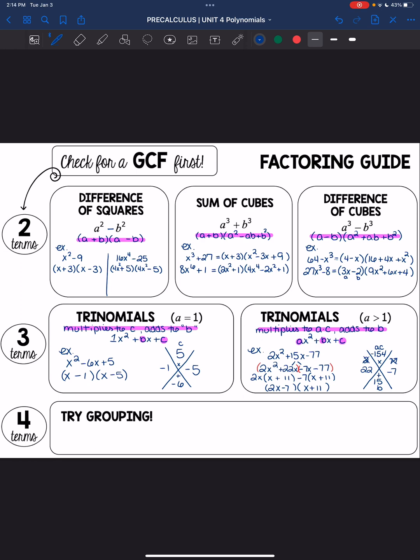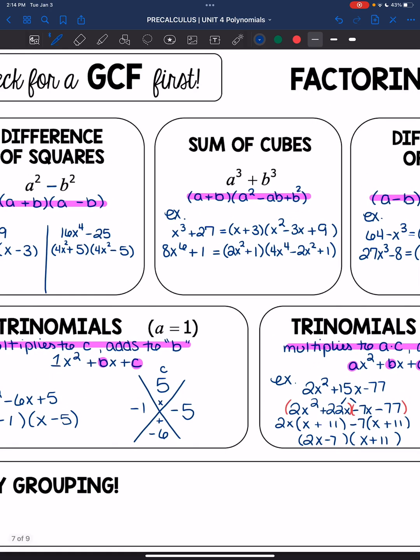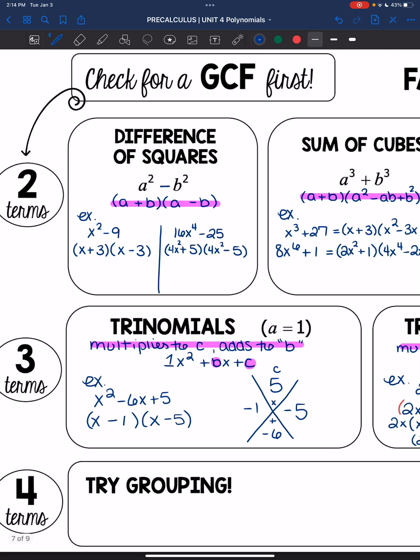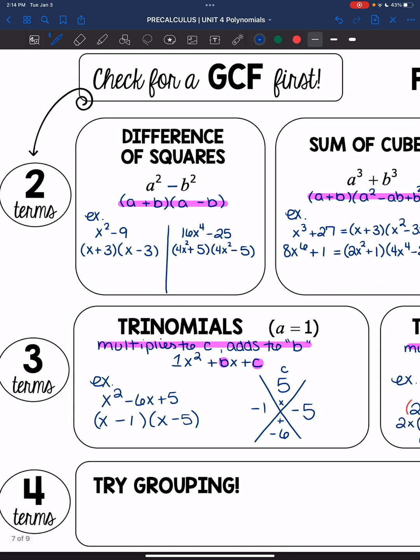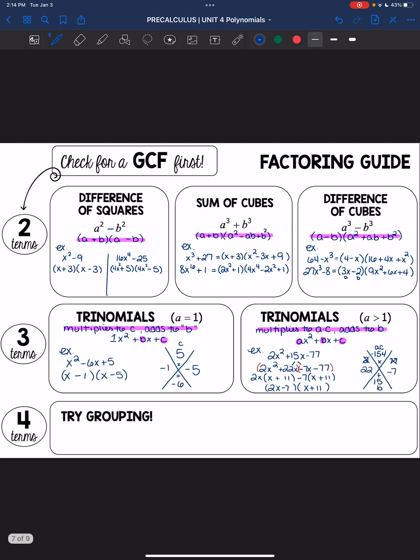Now, what if you have a 4-term polynomial? Then the methodology that we're going to want to use here is grouping. So you're going to want to find a GCF of each part, and then factor the binomials.